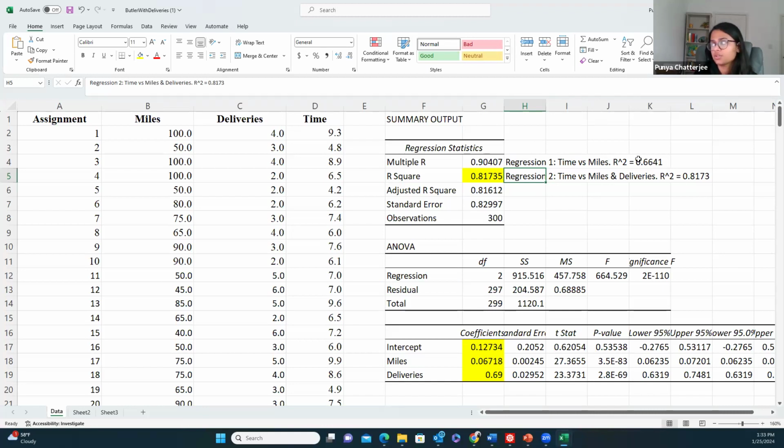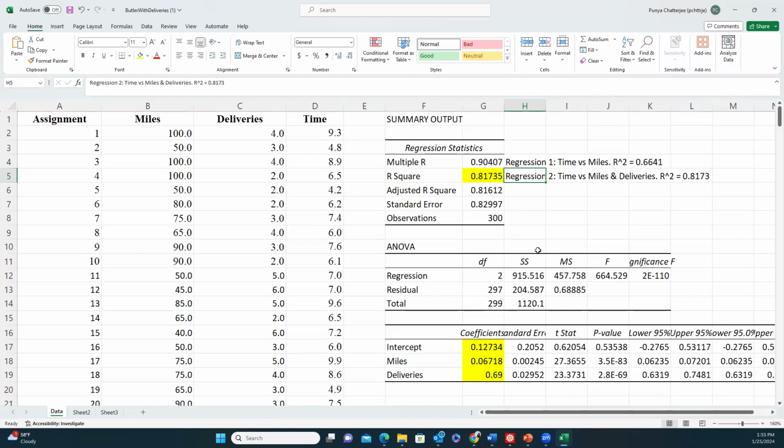So the difference tells us that by including the number of deliveries in your model, you can increase the predictability of the model by about 20%. So regression 2 is a better model because it has a higher R-squared. Does it make sense? Okay, cool.